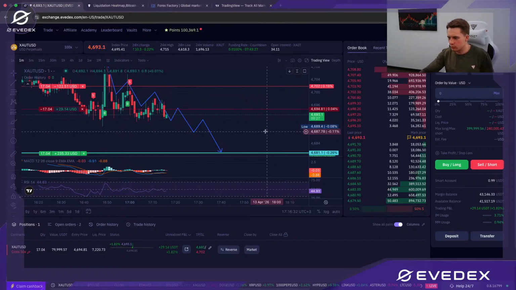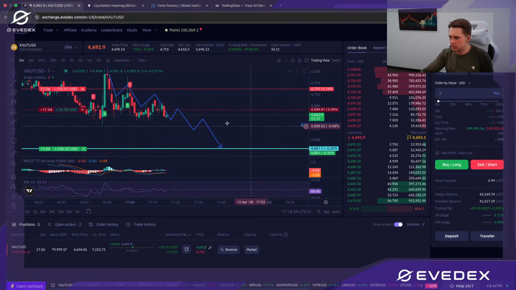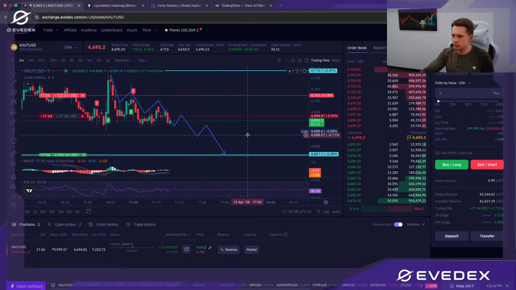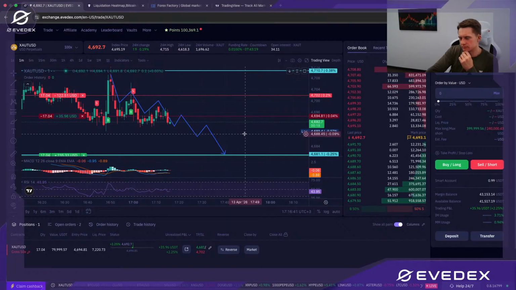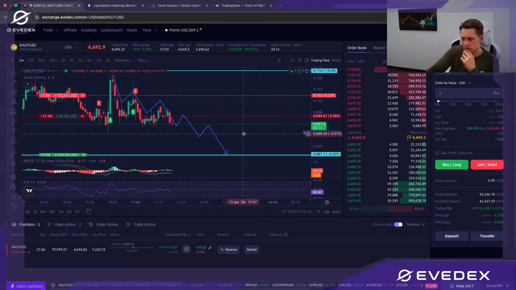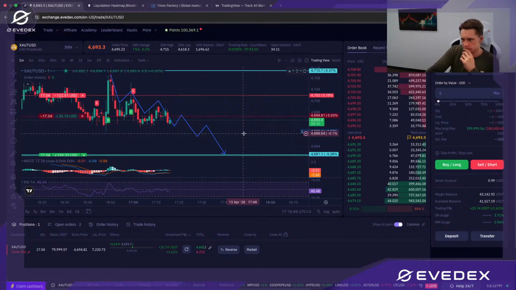So currently we have got some consolidation, maybe some price action for a stronger move, maybe to the upside. We are seeing a slow market currently.